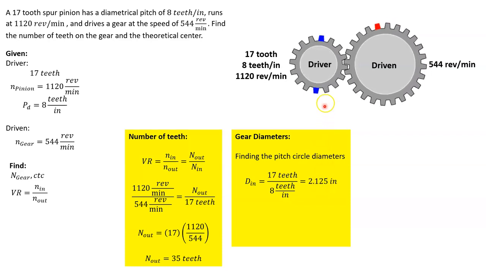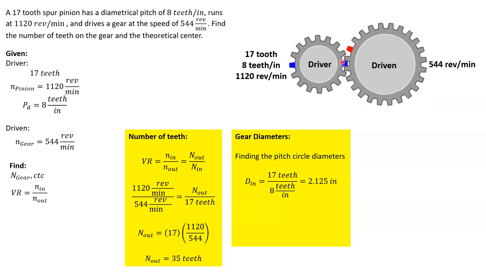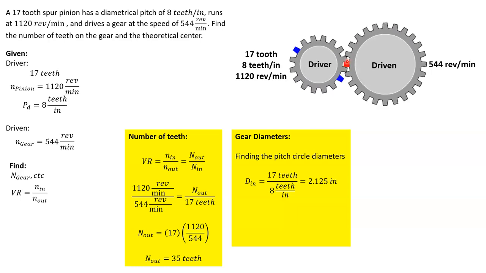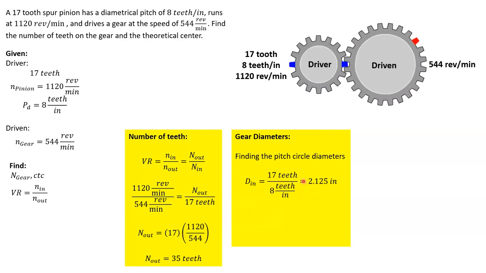Remember, the pitch diameter only goes to the pitch point, or the line of action on the gear. So it's not the actual outside of the gear itself; it's within the gear. Now we can do the same for the output gear. We know the number of teeth on the output gear, and it has the same diametral pitch.